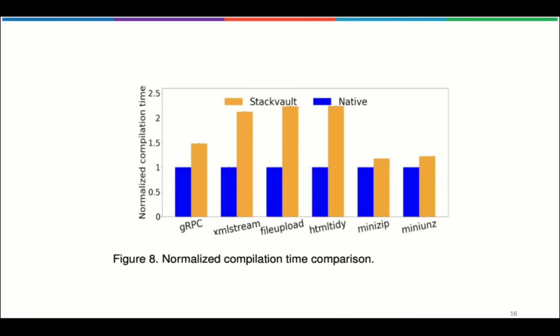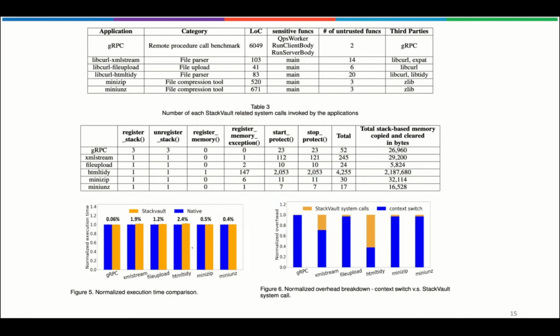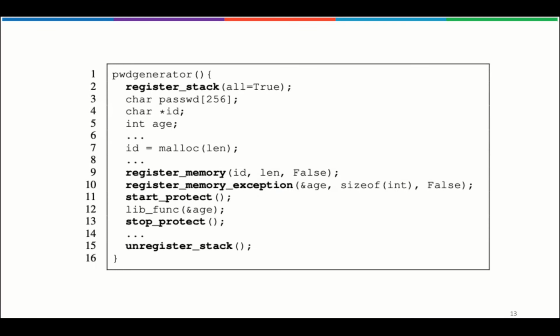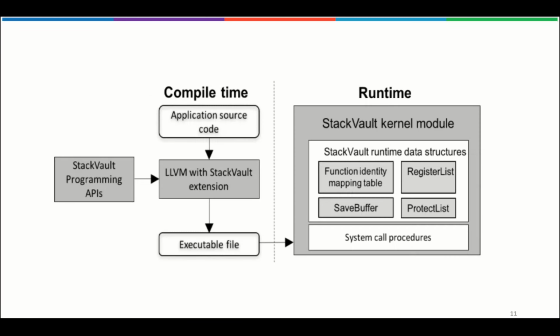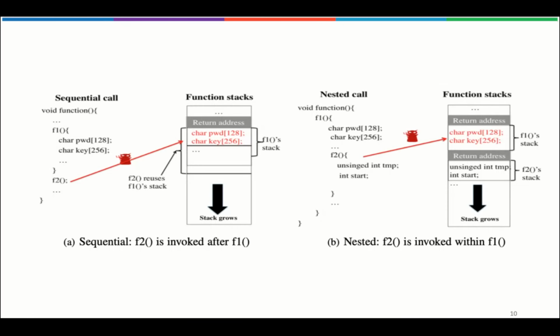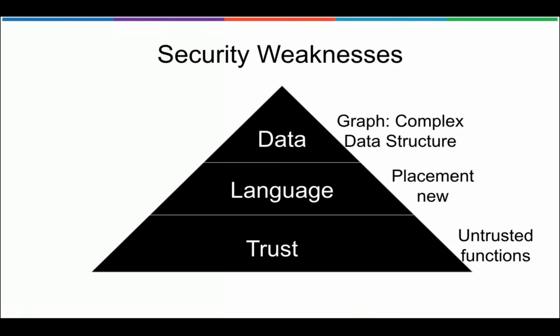If you look at the security elements I talked about, we talked about untrusted functions and how to protect from them. We'll talk about placement new in C++, which is at the language level, and then we'll go into data and how to protect data. That will be pure crypto. But I'm not going into the details of crypto. I'll just talk about the problem and briefly about how the crypto works, and then we'll stop there.